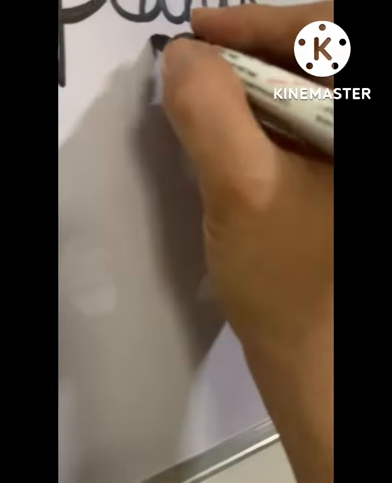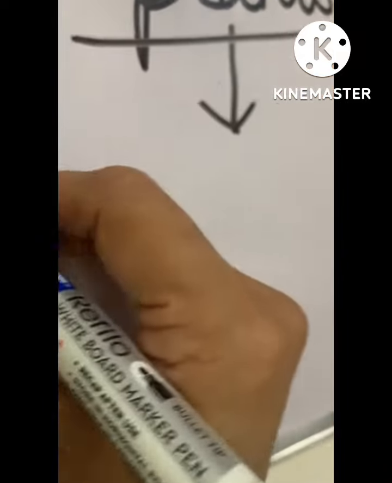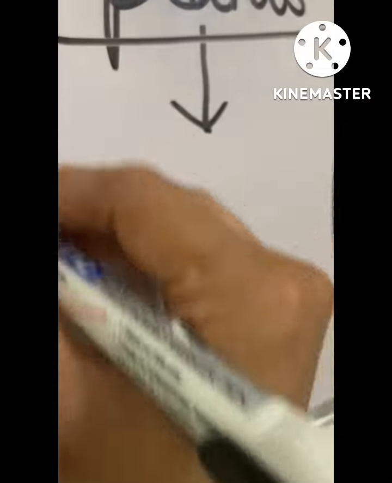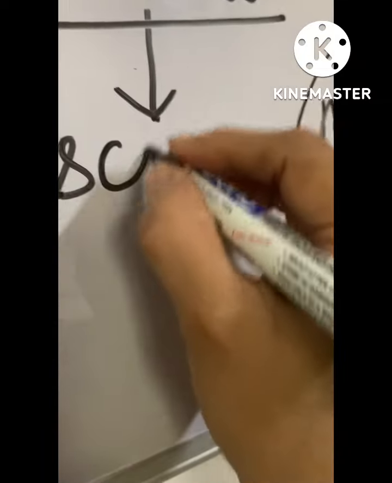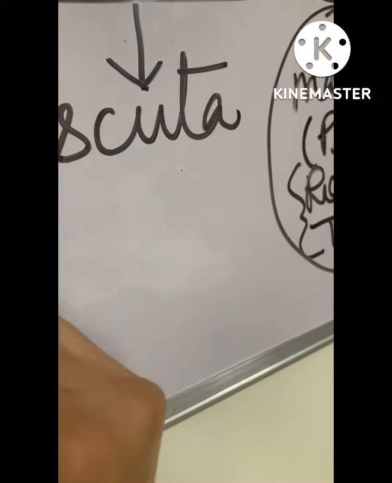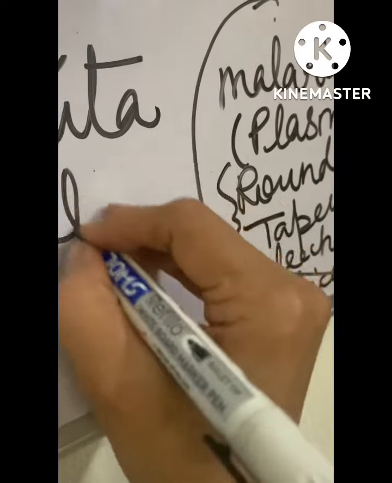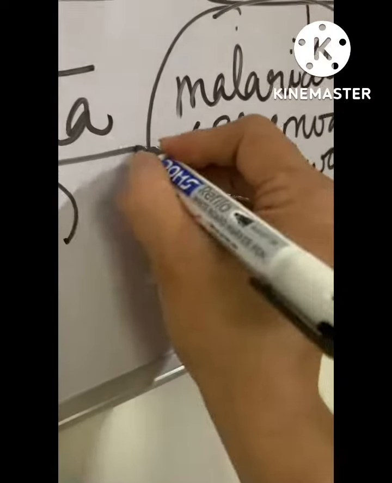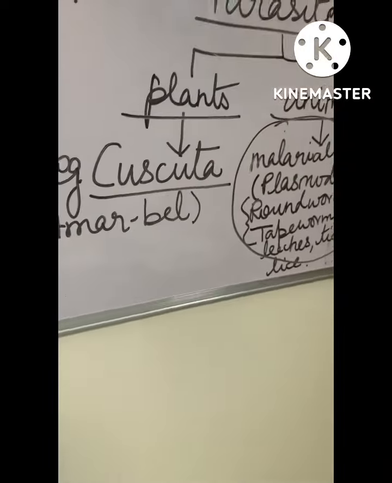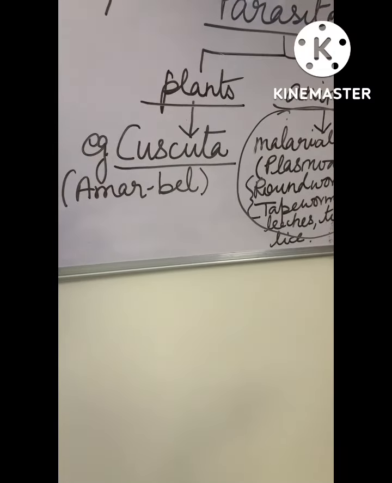Now, an example of a plant which is a parasite is cuscuta, which is called Amar Bale in Hindi. So cuscuta is a plant which lives on another plant.